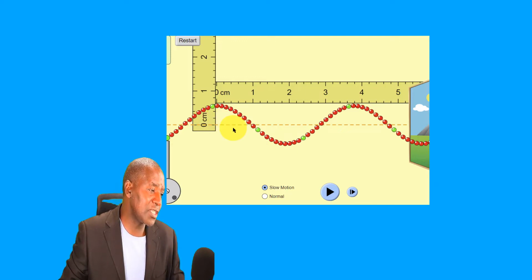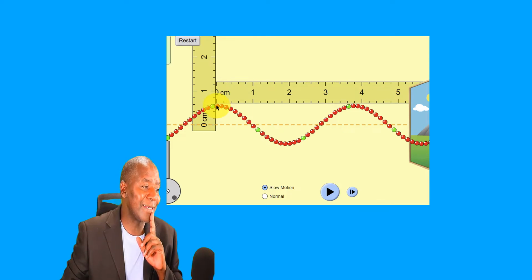The other particles definitely have a smaller magnitude of the displacement, but that magnitude increases in the opposite direction, where we get another 0.6, but this one has a negative sign. So they are not in phase. The next point which is in phase with this one is this one here. And you can see there is no other point other than this which is in phase with this one here.